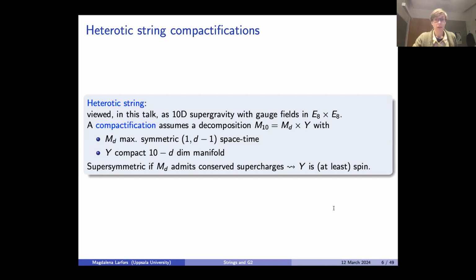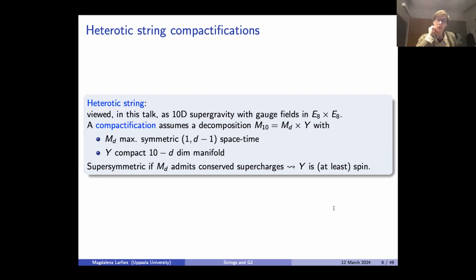I will compactify this, and what that means is that I take my 10-dimensional manifold and I assume that it factorizes into a compact 10 minus d-dimensional bit, which I call Y, and a maximally symmetric space-time, which can have, for example, 4 dimensions or 3 dimensions that I will talk about today.